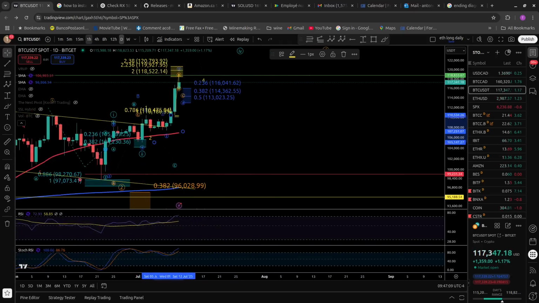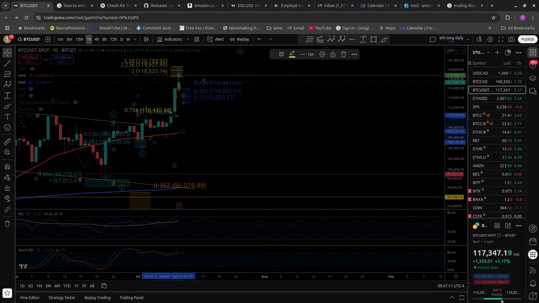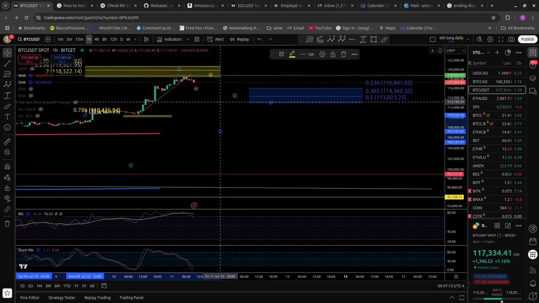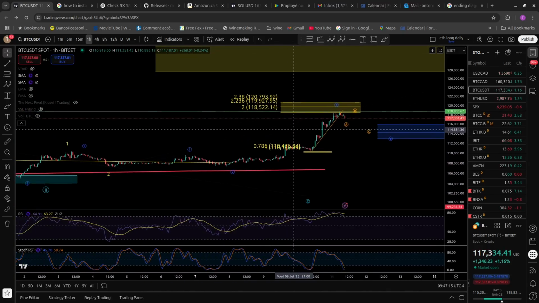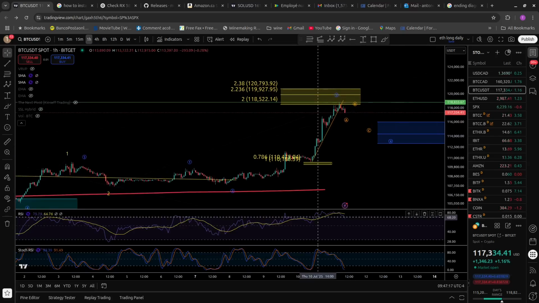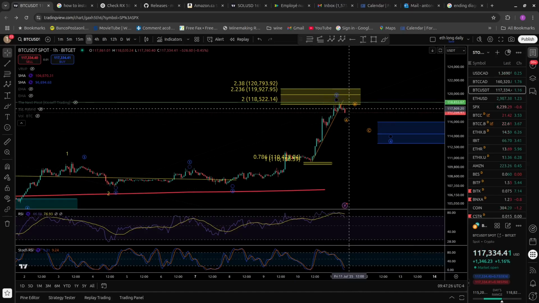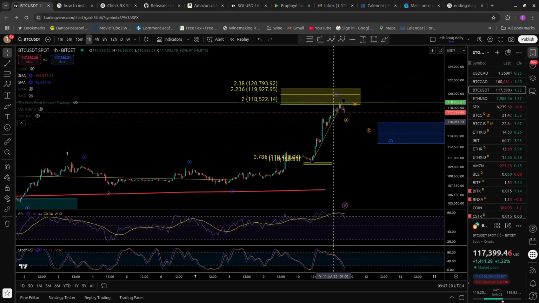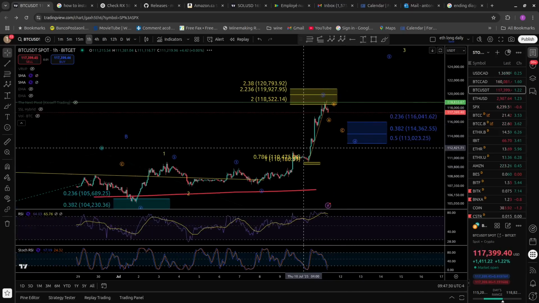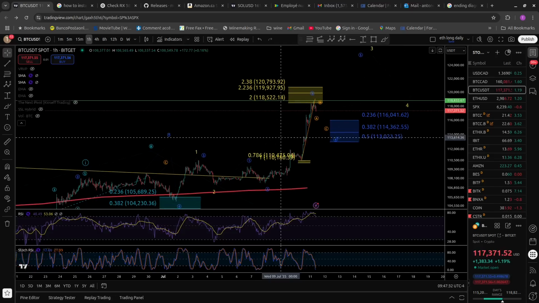And I know some people say, are you crazy? Like, no, this is it, my friend. Well, you never know. You never know, because this is Bitcoin. And even though on the 1 hour we are overbought, the stochastic RSI is doing a reset, and it can just take a small break and continue.